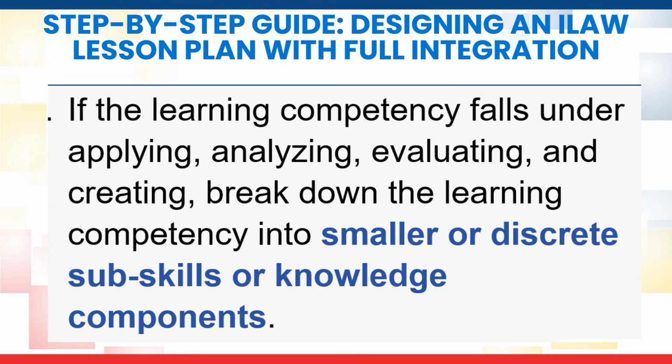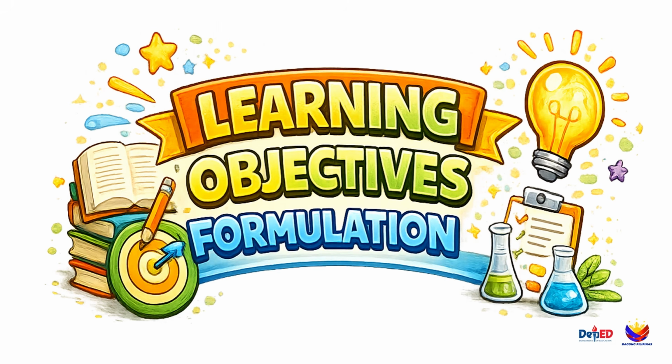So if the learning competency, for example, in the budget of work falls under applying, analyzing, evaluating, and creating, we're to break down the learning competency into smaller or discrete skills or knowledge components. So we are to unpack to create learning objectives.